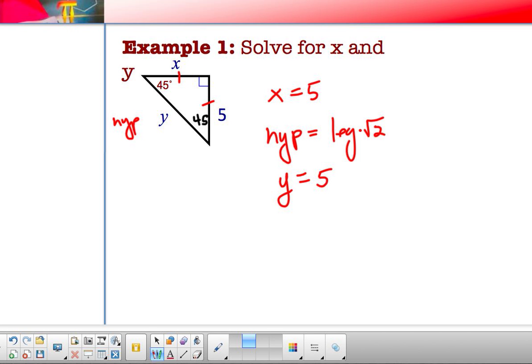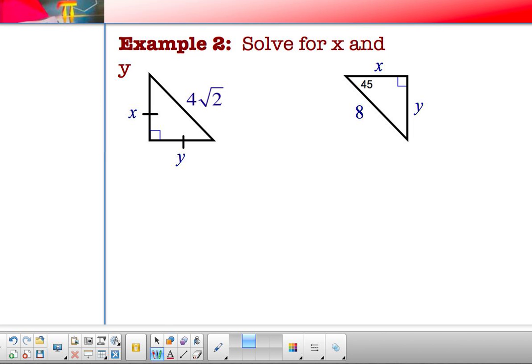Y is the hypotenuse. And remember we said that the hypotenuse is equal to the leg times the square root of 2. So in this case, the hypotenuse, y, has to be equal to the leg, which was 5, times the square root of 2. So we just would say y equals 5 root 2.